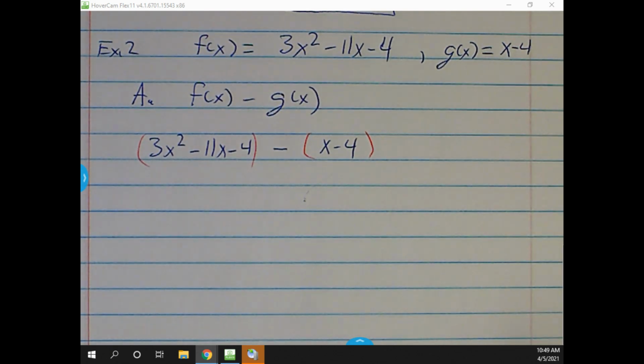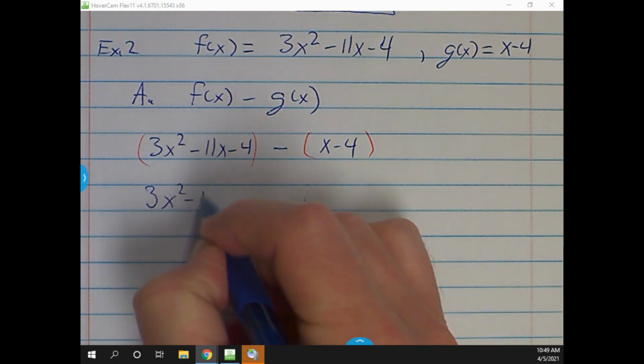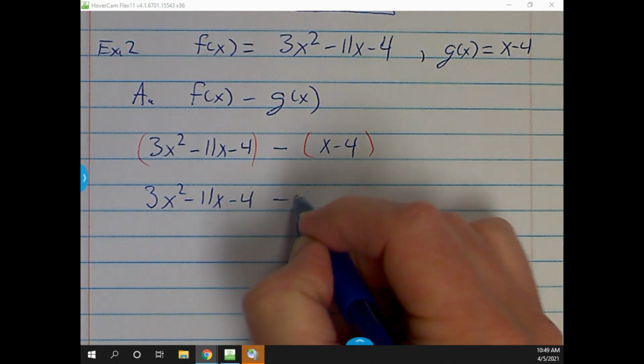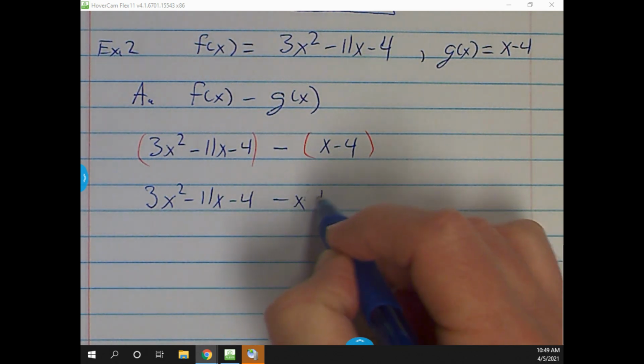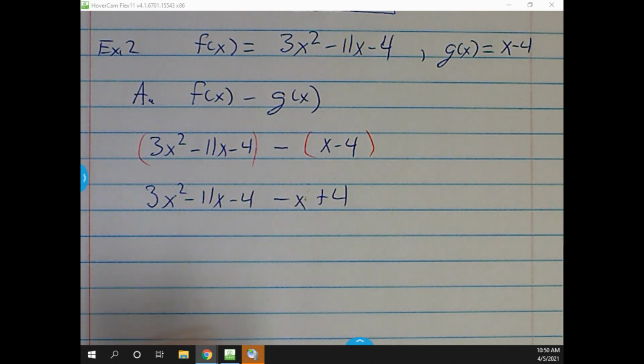All right, again, with subtraction, it's really the second part, because the first part, you're not going to change anything here. We're going to do minus the x, and then minus the negative 4, which will change that to a plus 4. Okay, and then same thing here. Go back and combine your like terms.